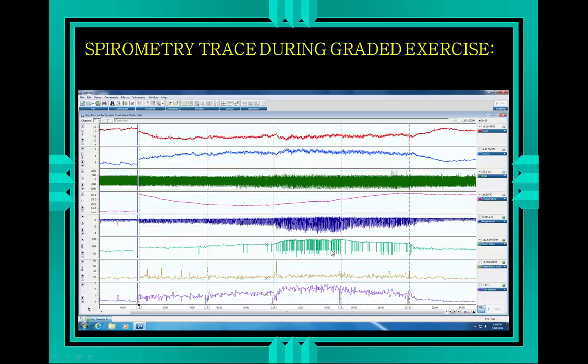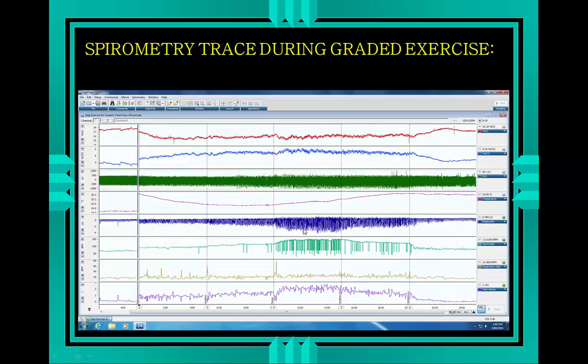In the pale green, aqua trace, we see heart rate. Now, you would obviously predict that with changes in exercise, heart rate might change, but that's something which was done in semester 1, or in year 1 if you didn't do PTA in semester 1. You're familiar with those changes.